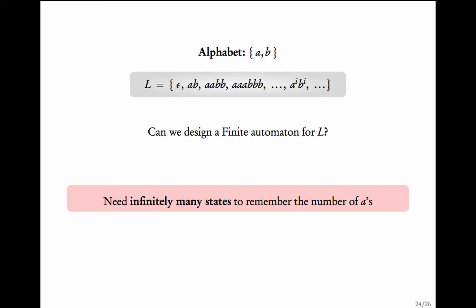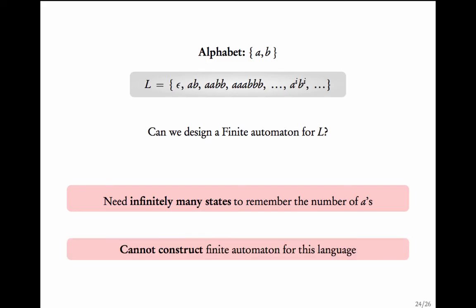And since the number of A's could be infinite, for example, 3 or 4 or 5 or 6 and so on, you need infinitely many states to remember this fact. And hence, one cannot construct a finite automaton for this language.